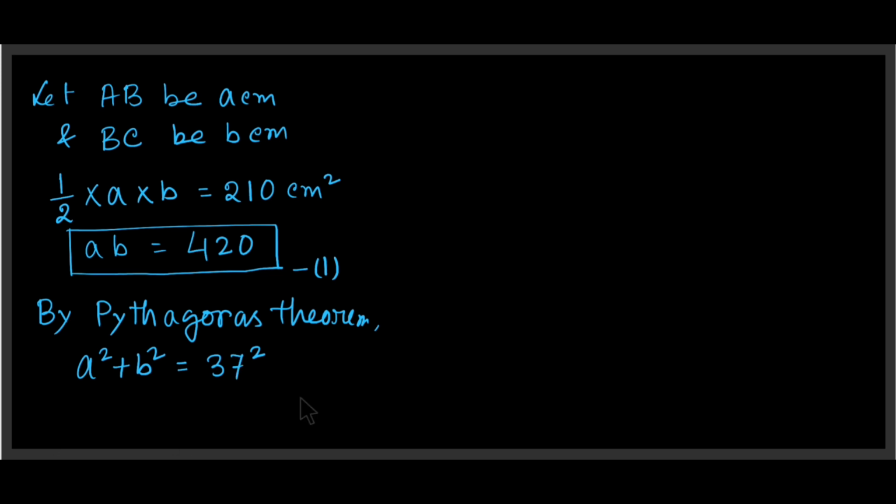Now we can write by 1, in the place of a, 420 by b whole square plus b square equal to 1369, which is the square of 37.